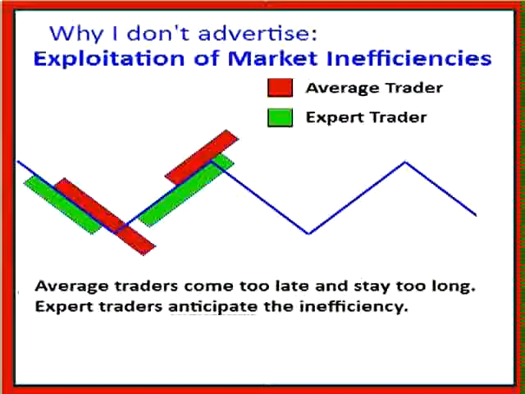Some don't care, they just want to hype the program and sell it and get as much money that way as they can. Others are actually trying to trade their systems and doing well at it, and they don't want to reach a level of market saturation that's going to damage their ability to make money trading. So it becomes a calculus between how much can you make trading, how much can you make selling the system.